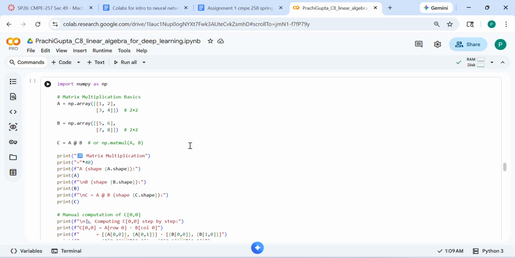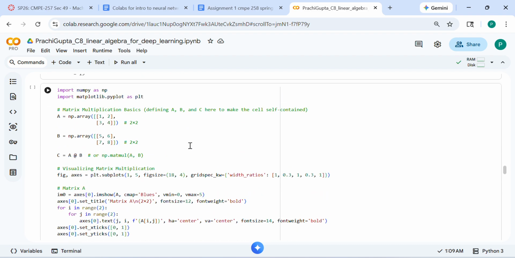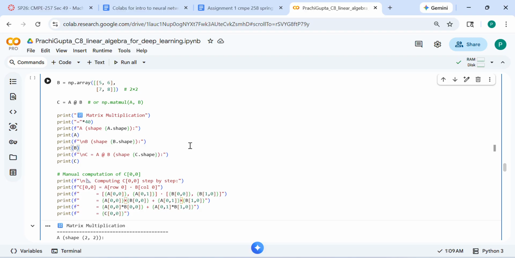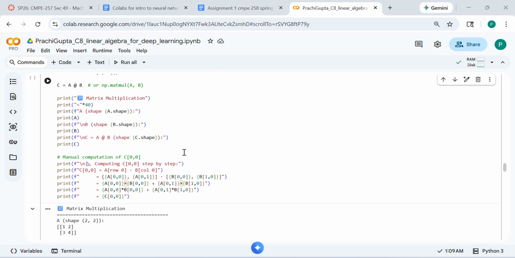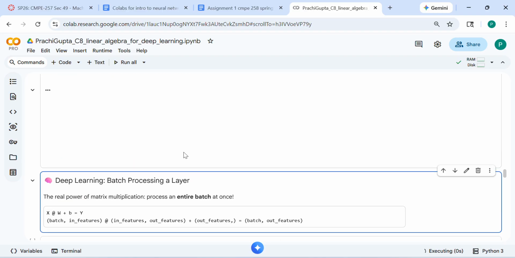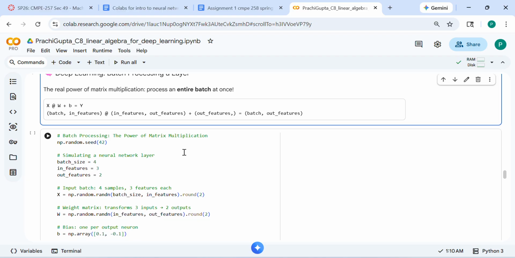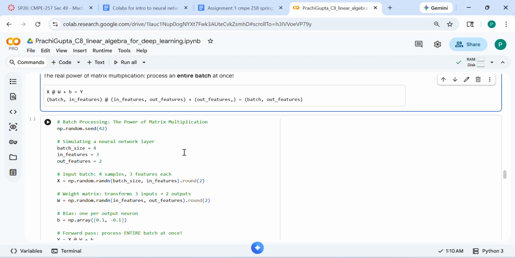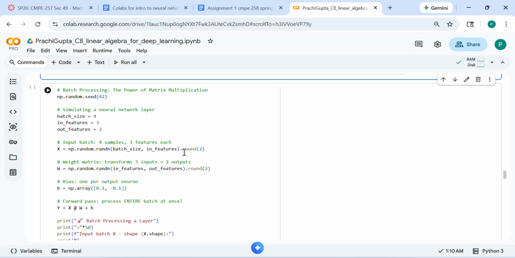The matrix multiplication is the same as what we have already done, and we'll move toward the batch processing. While a CPU might do these things one by one, a GPU does all this multiplication in parallel. This efficiency is why matrix multiplication is the heart of deep learning.